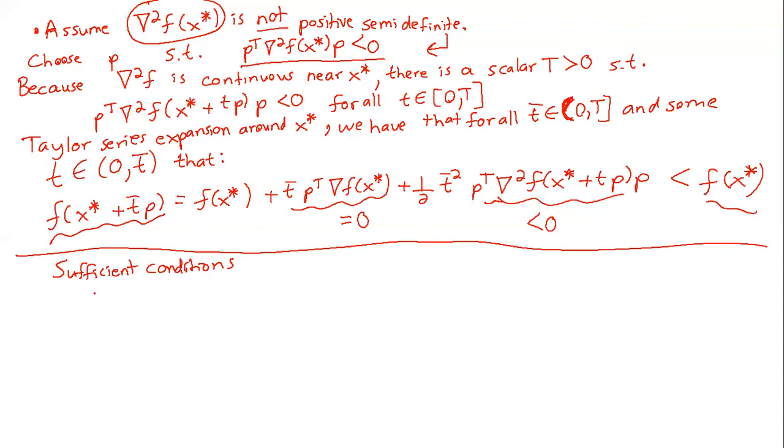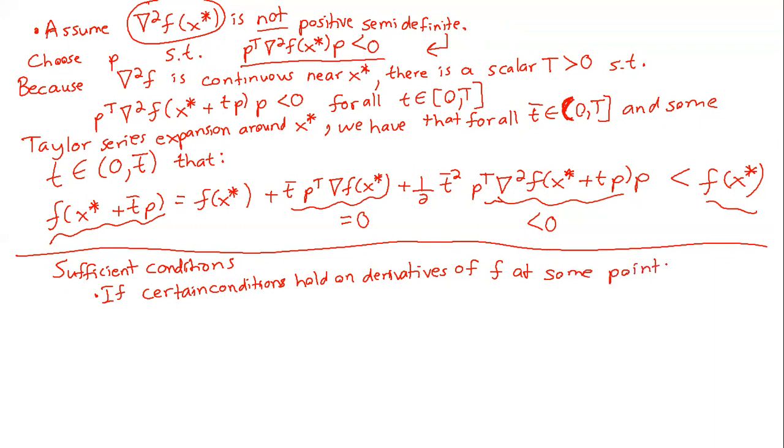So they're going to be that if certain conditions hold on the derivatives of f at some point, which I'll call here z star, I think that should say x star.